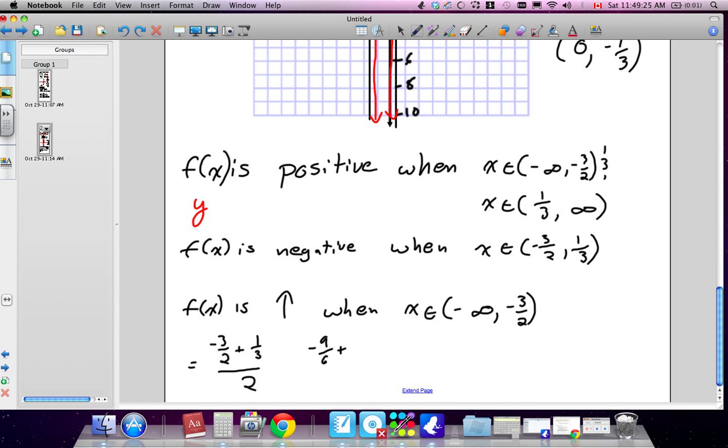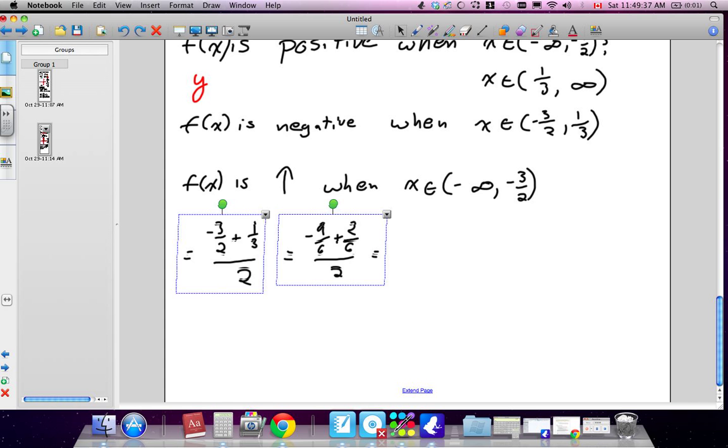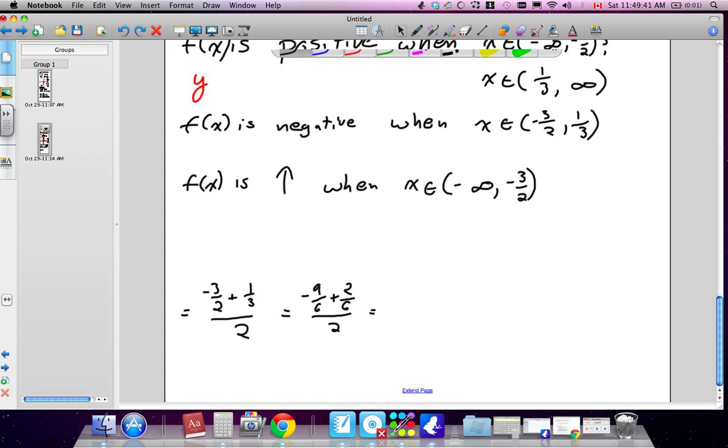So that's going to be negative 9 over 6 plus 2 over 6, divided by 2, which is going to give us, I'm going to move this all down. These are our side calculations, just to figure out what it's increasing to. So that's going to give us negative 7 over 6 divided by 2.